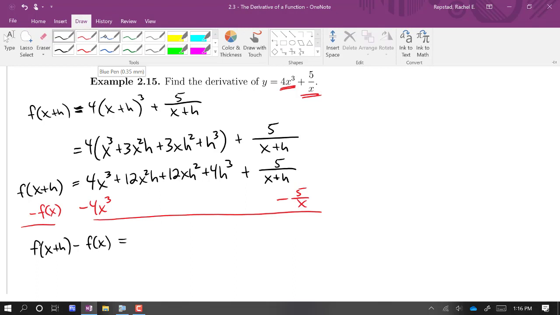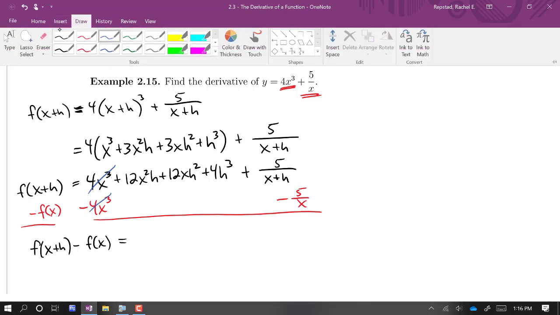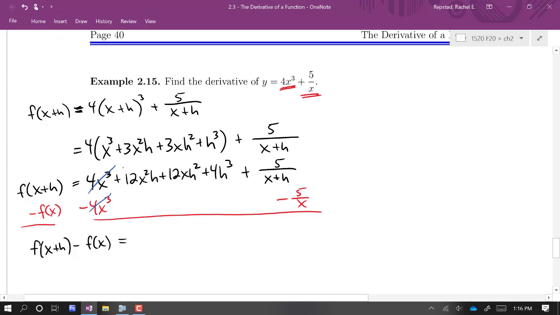There's very little combining of like terms, but we can cancel the 4x cubed with a negative 4x cubed. So we end up with these terms: 12x squared h plus 12xh squared plus 4h cubed. And now we have the two fractions, plus 5 over x plus h minus 5 over x.